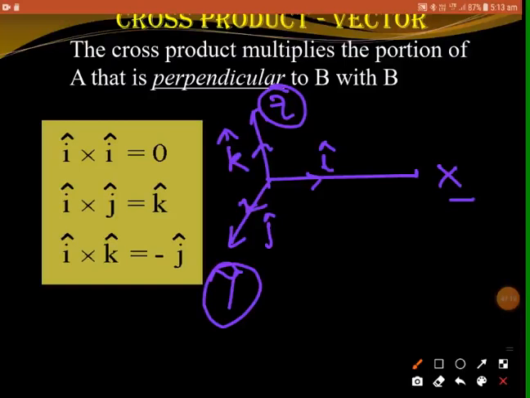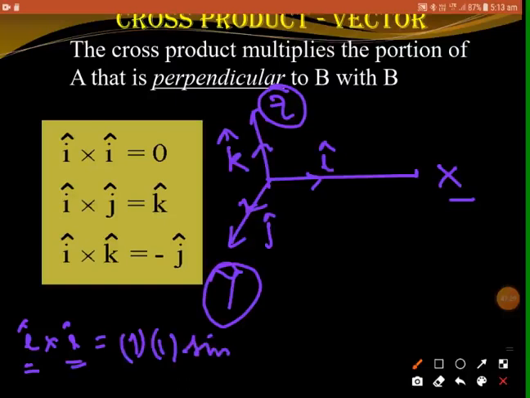Why is it coming equal to 0? Because in i cross i, the magnitude of i cap is 1, and the magnitude of the other i is also 1. The sine of the angle between them: both are along the x-axis, so they are parallel. The angle between two parallel lines is equal to 0 degrees.